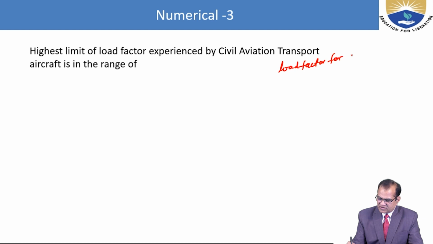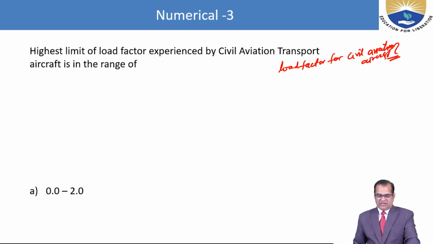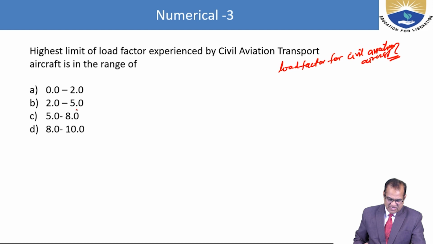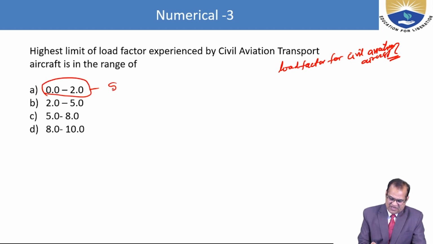Load factor for civil aviation aircraft: the options are 0 to 2, 2 to 5, 5 to 8, 8 to 10. The first is for general aviation aircraft, UAVs and all.